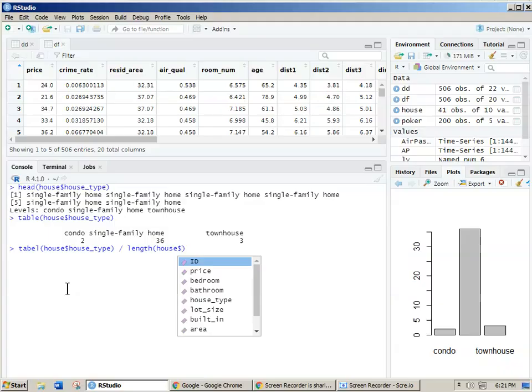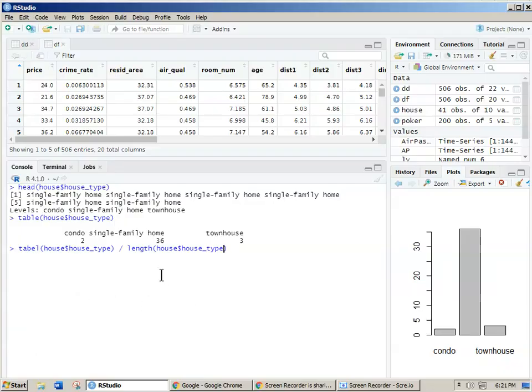Now our program's doing some algebra here. So we're dividing by the length of, I'm not sure what it's dividing by the length of, but anyway, this is the syntax you will use to find out the proportions.